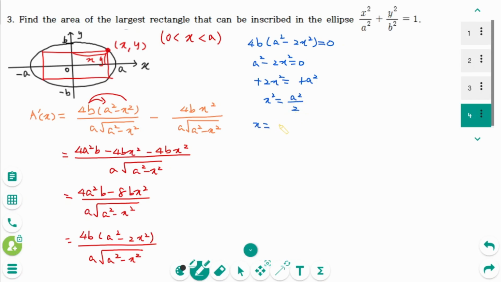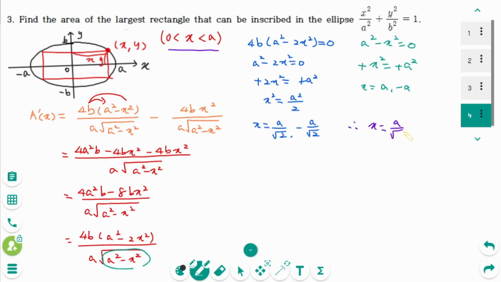Then x equals a over square root of 2 or minus a over square root of 2, or the derivative does not exist. That means this part, a squared minus x squared equals 0, then minus x squared equals minus a squared, make positive, then x equals a or minus a. The domain of x is this, so x equals a over square root of 2.